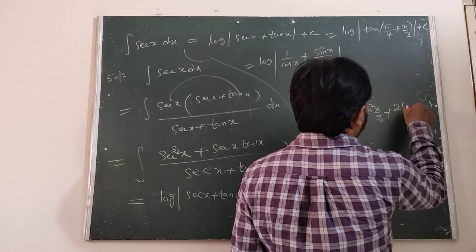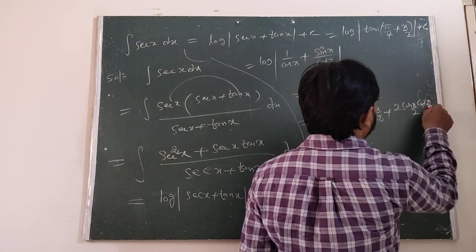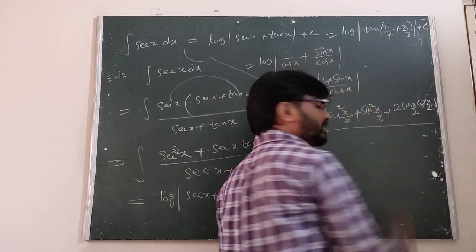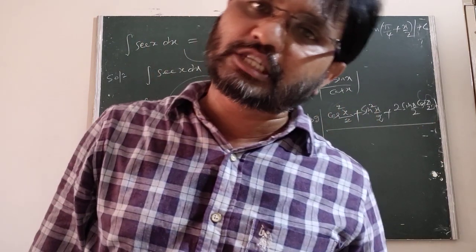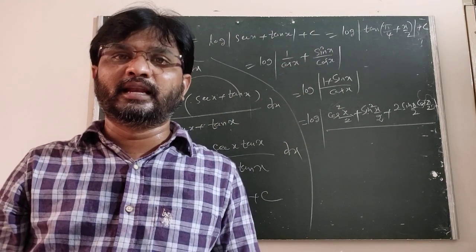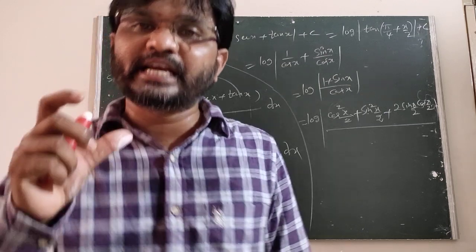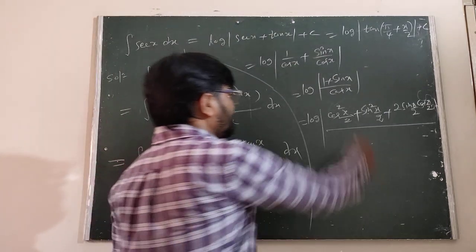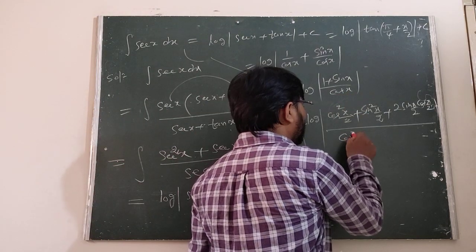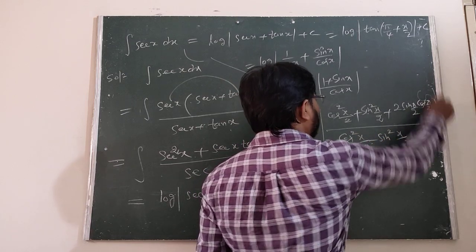So the numerator is cos square x by 2 plus sin square x by 2 plus 2 sin x by 2 cos x by 2. What is the denominator? It is cos x. We know that cos 2a is cos square a minus sin square a, so cos x can be written as cos square of x by 2 minus sin square of x by 2.